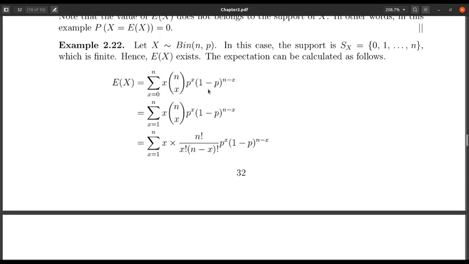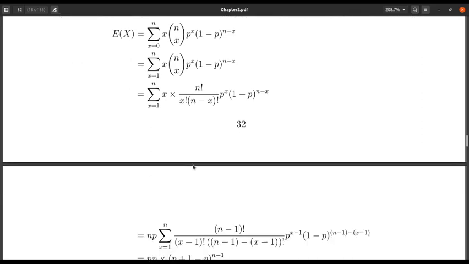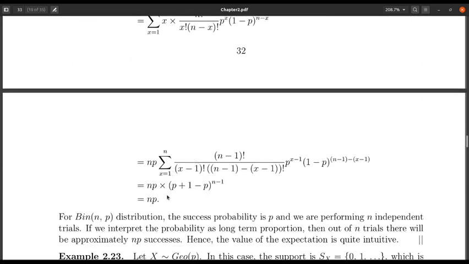This part is the probability mass function. So it is the product of x and the probability mass function, summed over the support, which is 0 to n. Once I have this, I can do the sum easily. It's not a very difficult one. And finally, we get that the expectation is np.